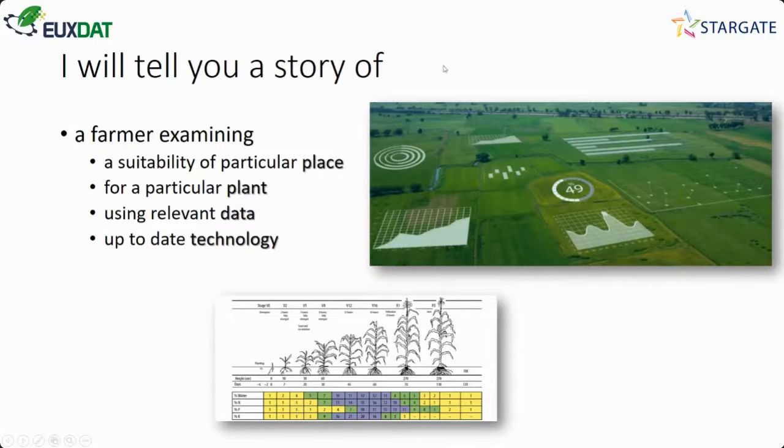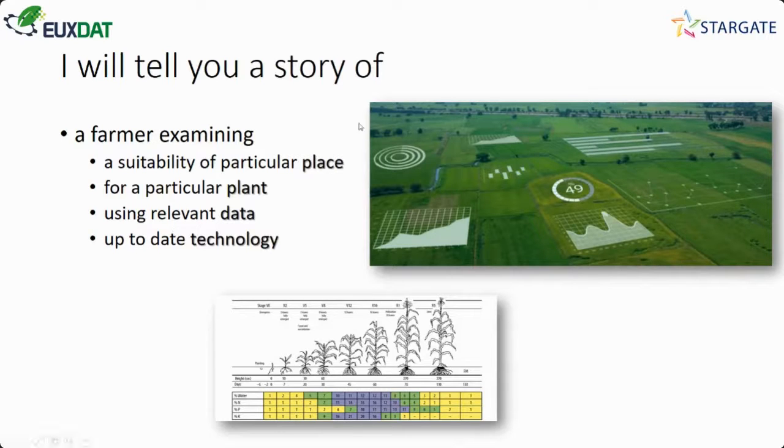Yeah. So I would like actually to tell you a story, let's say, of a fictive farmer who looks for a particular place which would be suitable to grow some particular plant, to find a match between plant and the place, and use relevant data and up-to-date technology to support his or her decisions here.